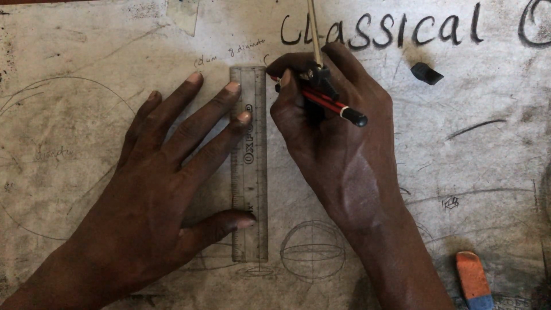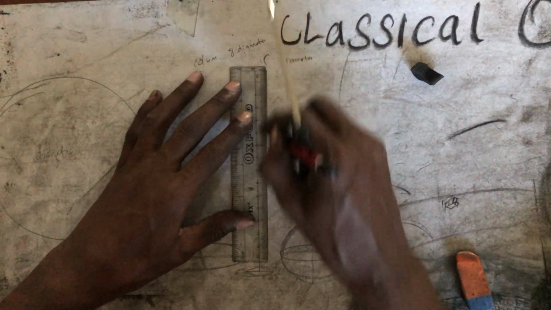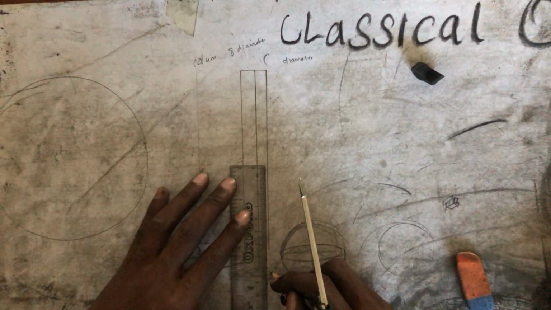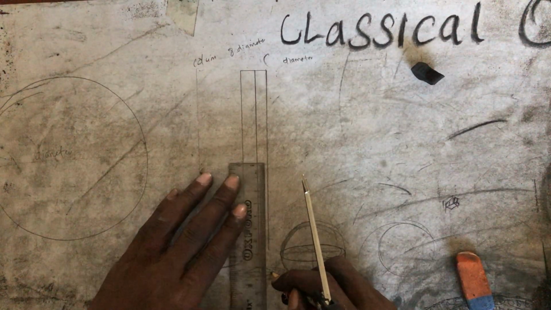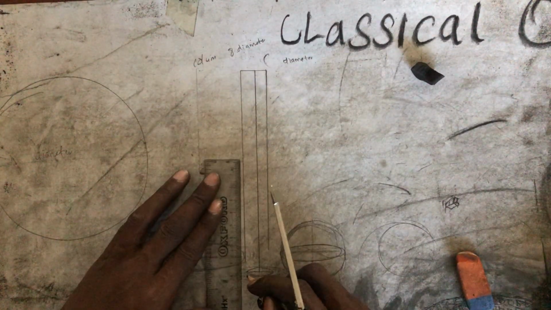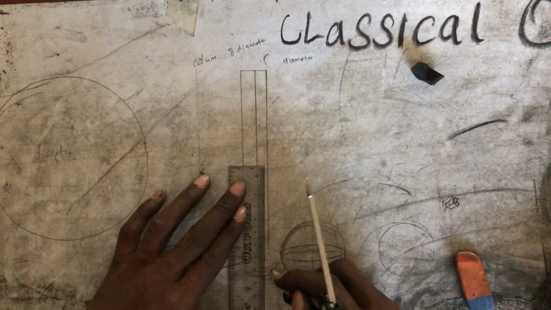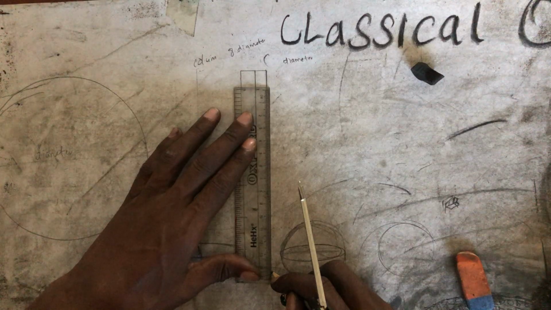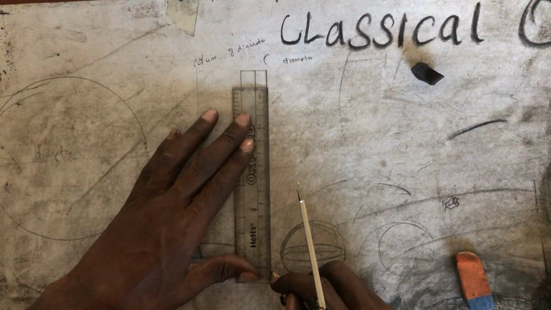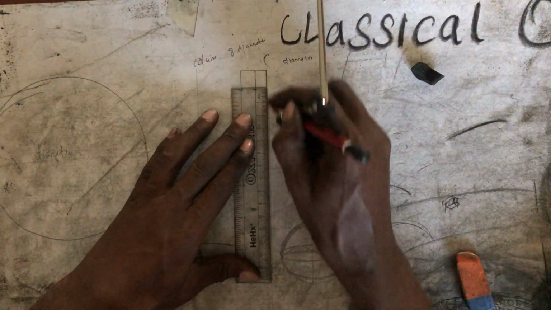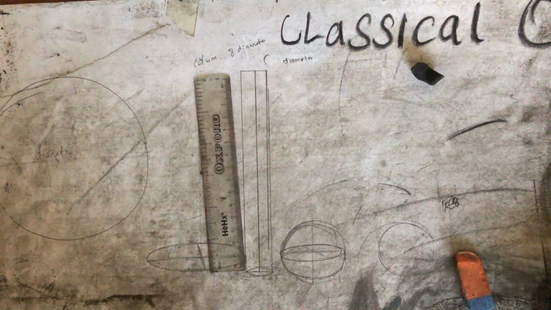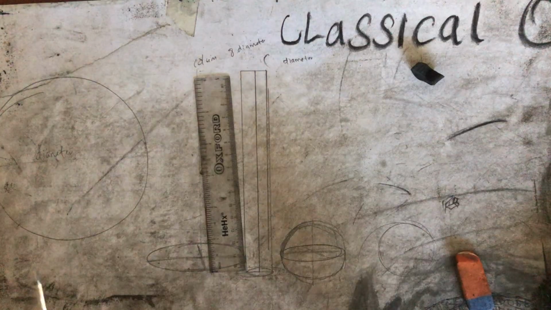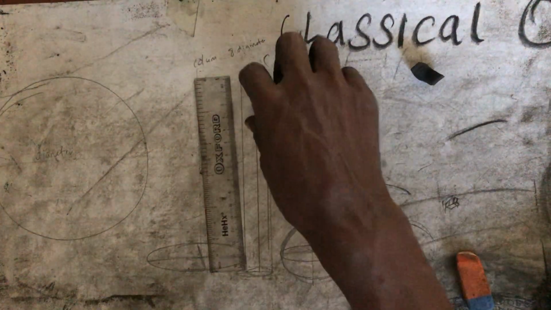How are you? This is me and art. I had to learn these things the hard way. I can't even make a straight line. Then this is less than 2 centimeters. 1 centimeter. This should be 8 times.